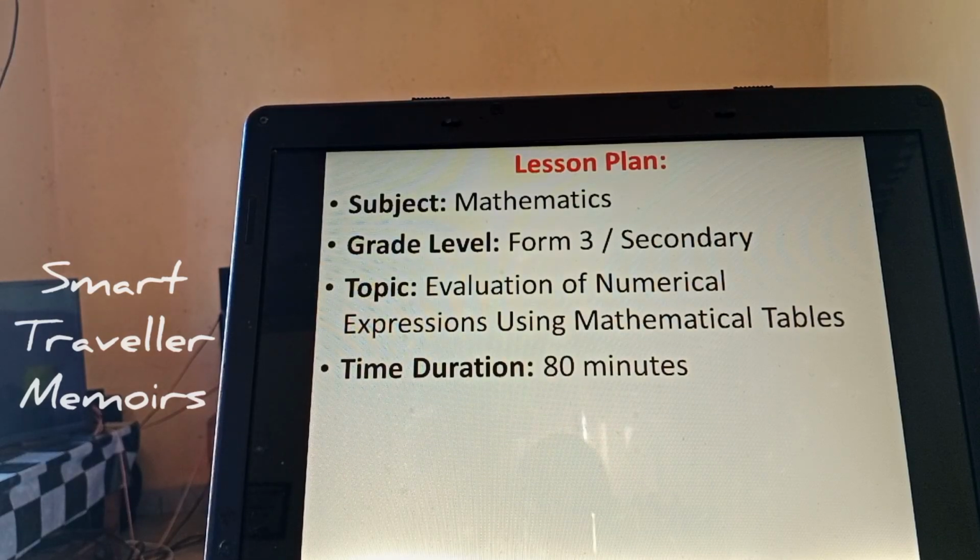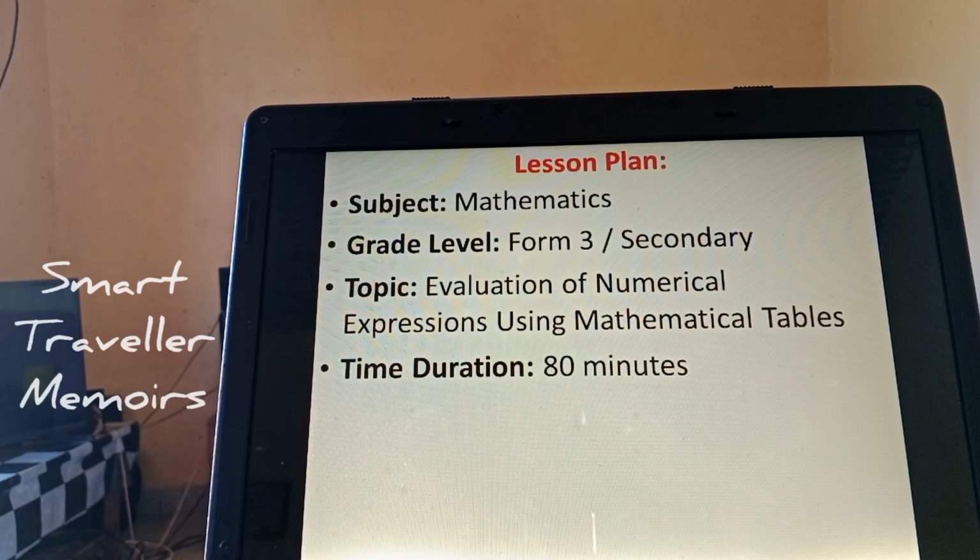So for the teacher, the lesson plan will look like this, or the layout. Of course, the subject is mathematics, grade level, form 3, secondary. Topic is evaluation of numerical expressions using mathematical tables.